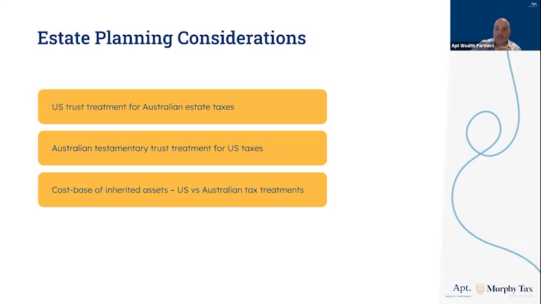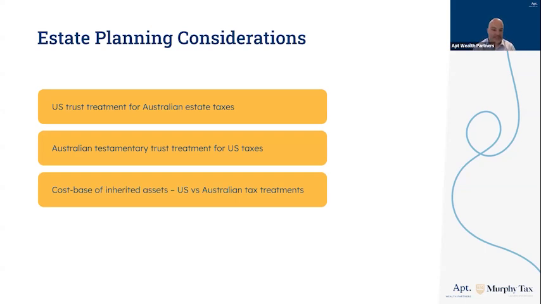Thanks, John. One of the things we see that you have to be very careful of is that in the US, you can move assets from an individual into a trust without a tax issue. That's common practice as part of an estate planning process, as Brad mentioned.